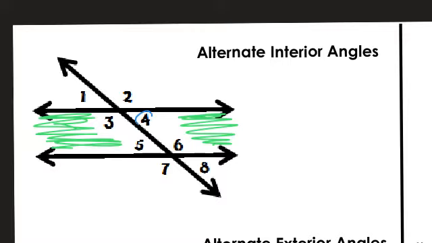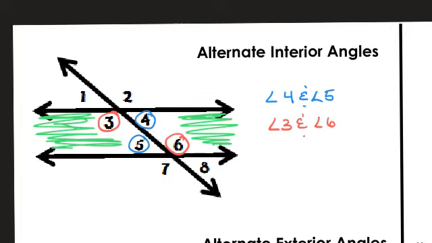So alternate interior would include angles 4 and 5. They are considered a pair of alternate interior angles. Angles 3 and 6 are also a pair of alternate interior angles.